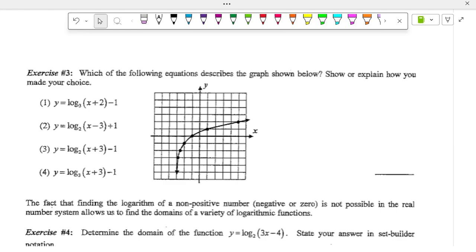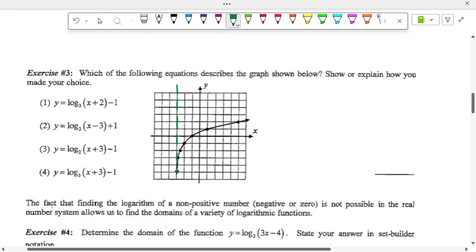So what line does it look like my logarithm graph is leveling off at? It looks like it's about right here. All right, so right here would be about where my vertical asymptote is, which is x equals -3.